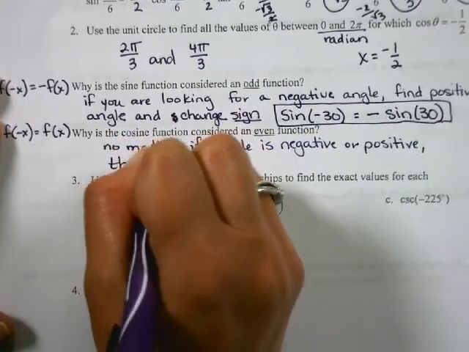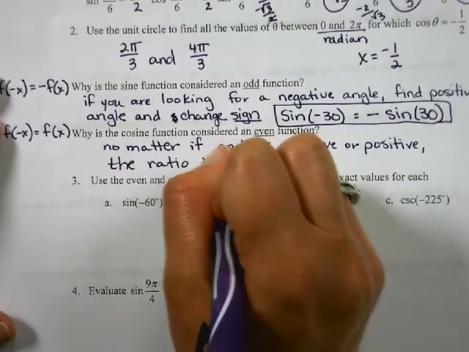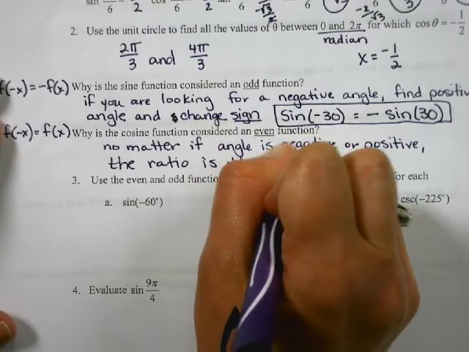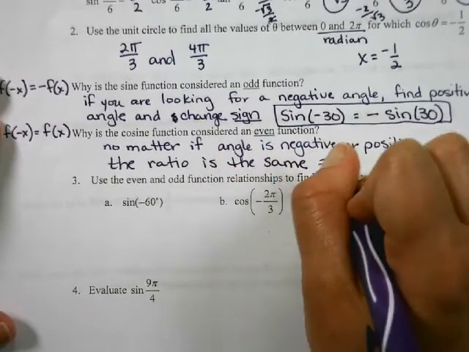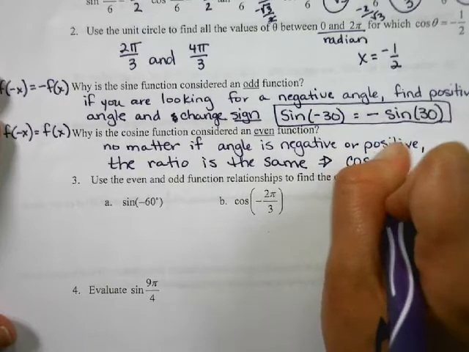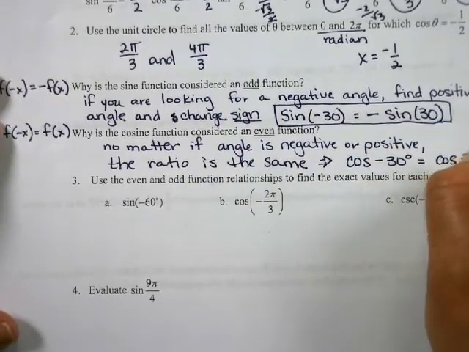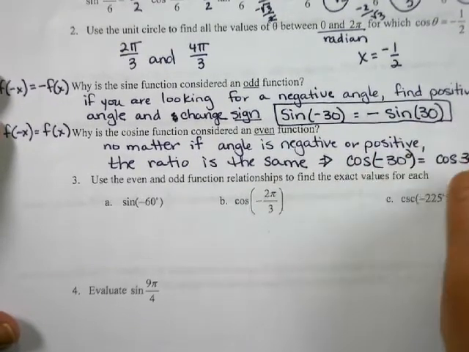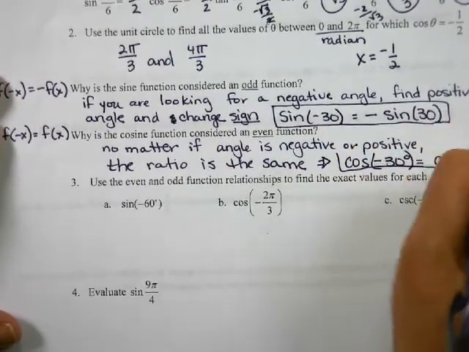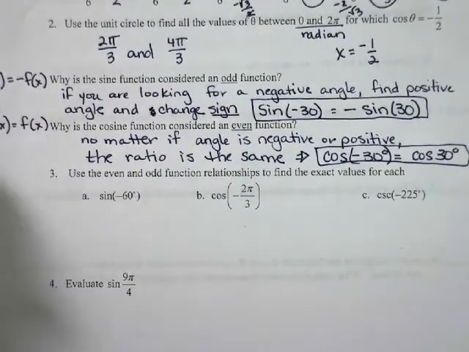I should say the ratio is the same, the trig ratio. So the cosine of negative 30 degrees is equal to the cosine of positive 30 degrees. The negative doesn't matter with cosine.